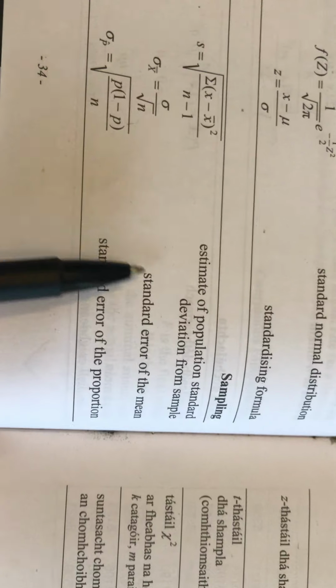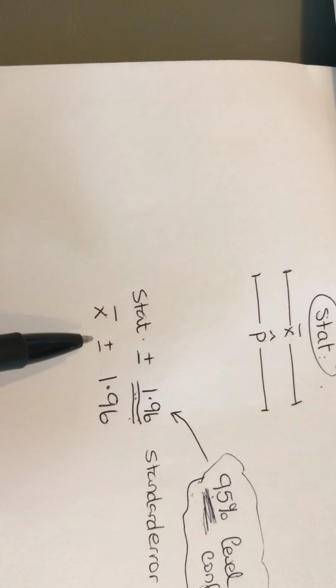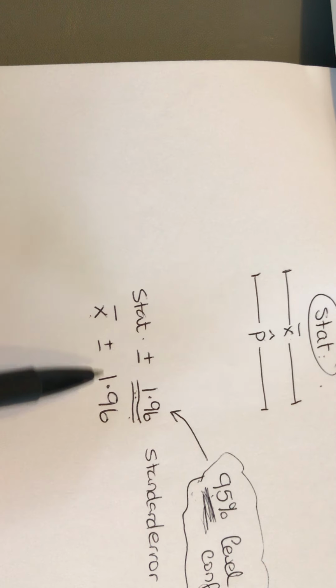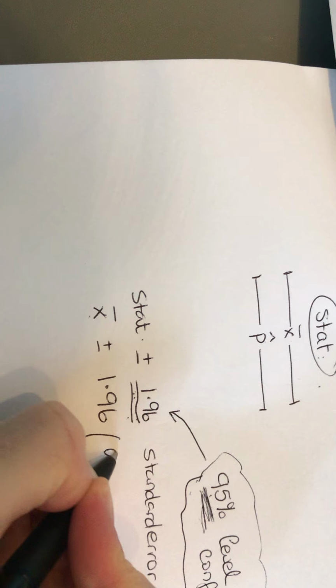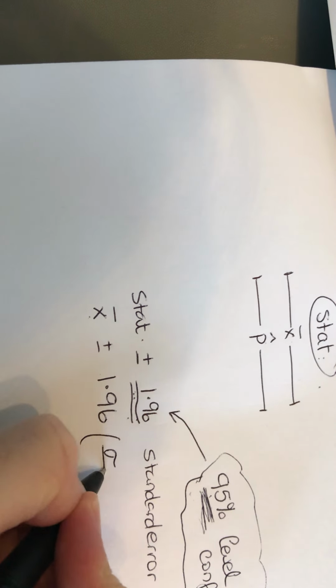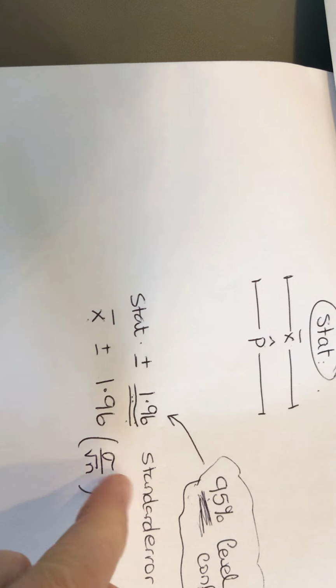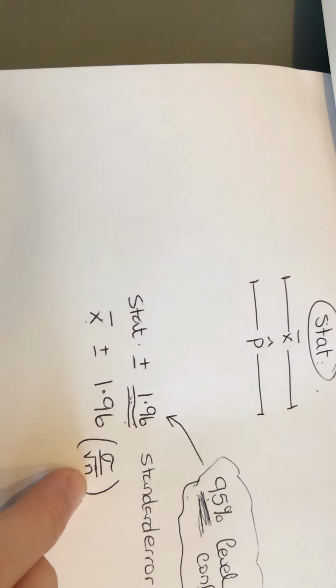If you go to this page here, here's your standard error of means. So yeah, it was numerical data that was generated. So it's the mean that we use plus or minus 1.96 times the standard error of the mean, which I'm literally taking from the log tables. That's your standard deviation, and that's the number of people that you surveyed, so the size of your sample.